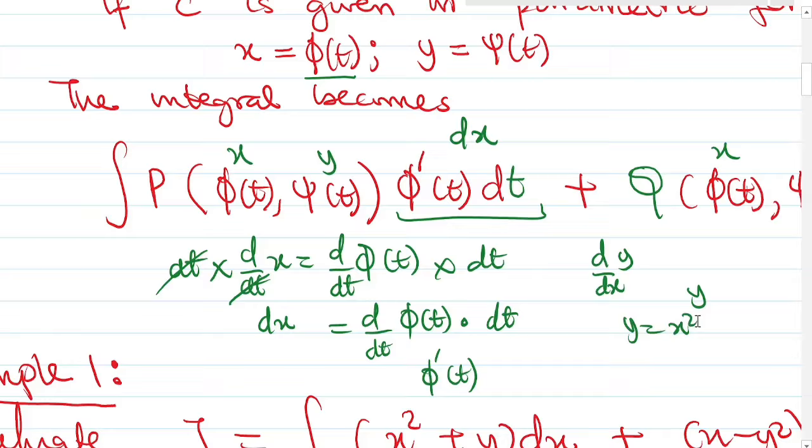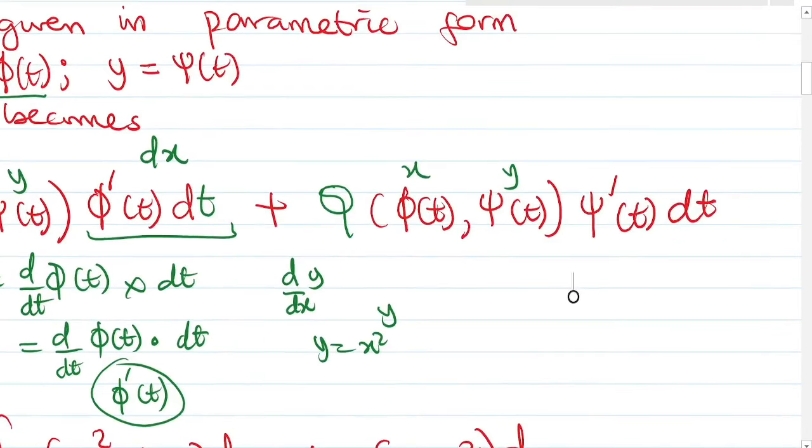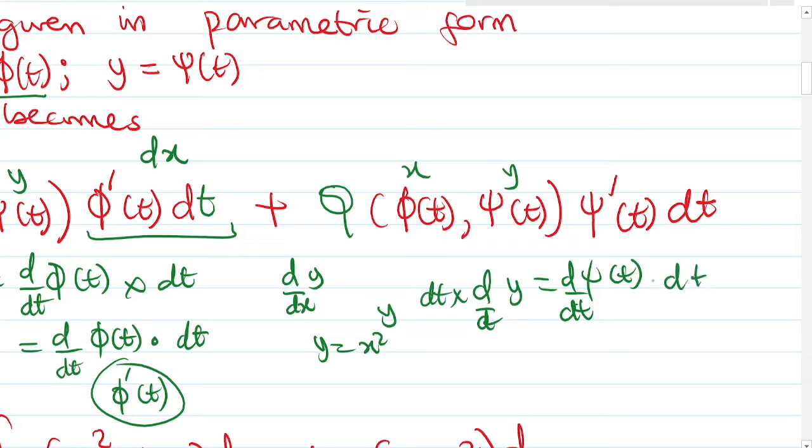So of course now change the dx to what? To this dt. And this is what? This is phi of t and phi prime of t, and the same thing they did here. Y was what? Y was phi of t. So if you add d dt to both sides, and you want to cancel dt from here, you multiply both sides by dt like I did for x.